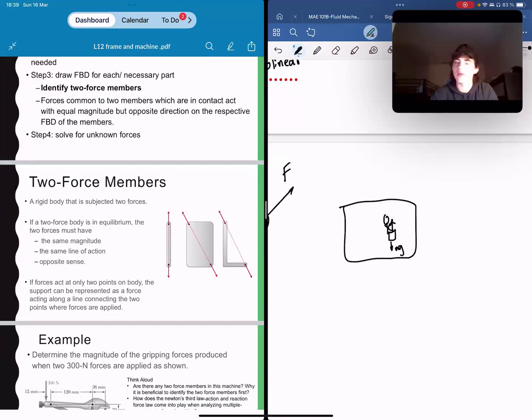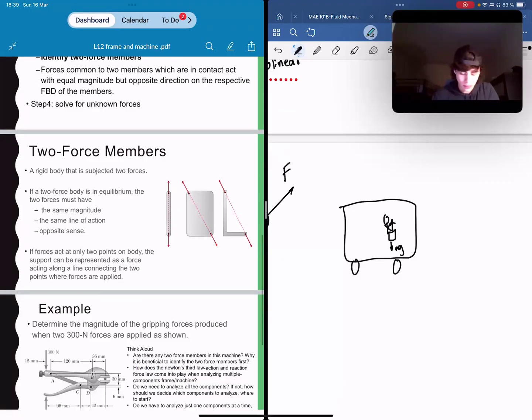So it's irrelevant to any analysis that I want to do because the only things that are important to analyze will be external forces, right? Or if the problem is asking me to find an internal force, well then I could neglect all other forces that are not exactly connected to the internal force I want to analyze.